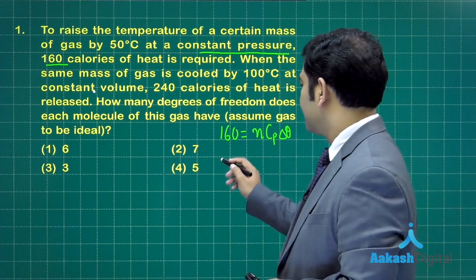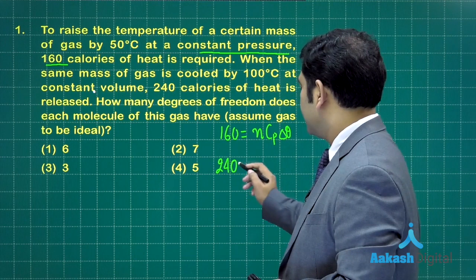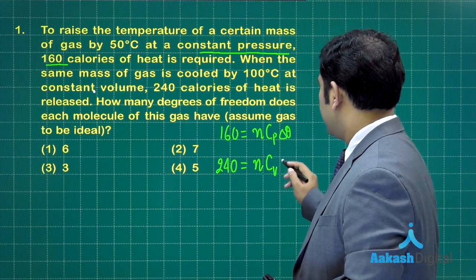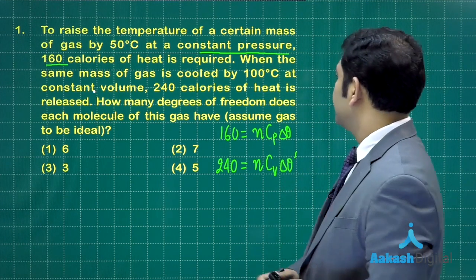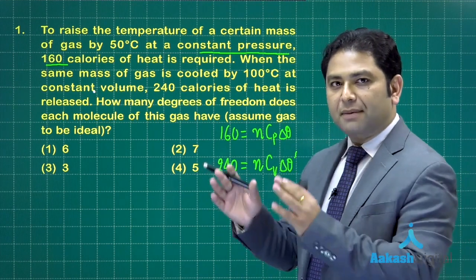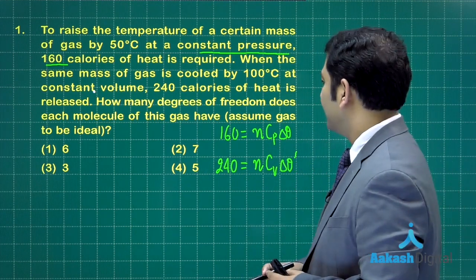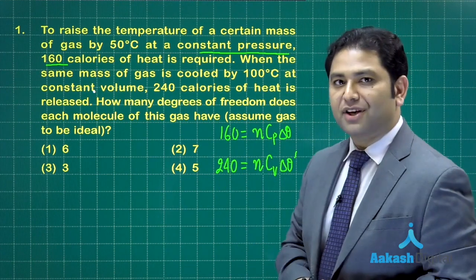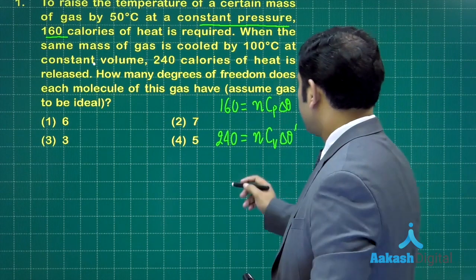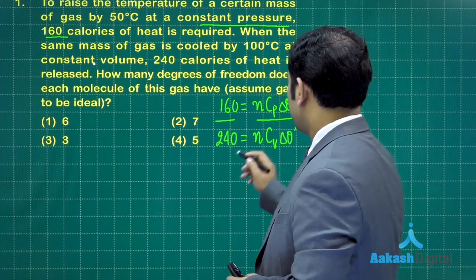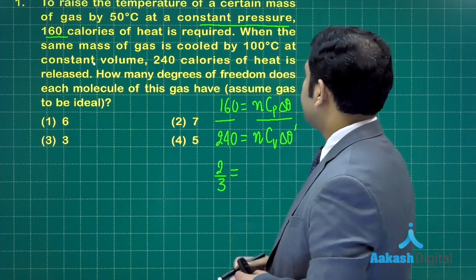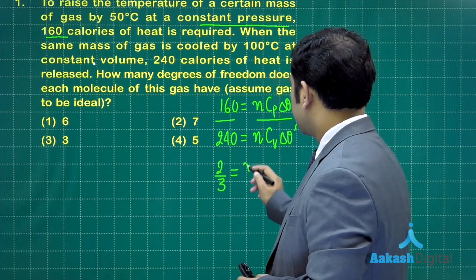So in that given case you would find 240 equals nCv delta theta dash. The change in temperature is different in two different conditions, and based on this we have to calculate the value of degree of freedom. If I divide these two equations, the first one comes as 2 by 3 and Cp by Cv, that's gamma.